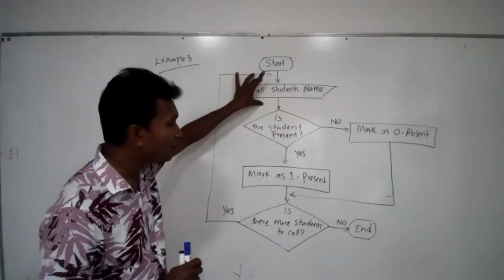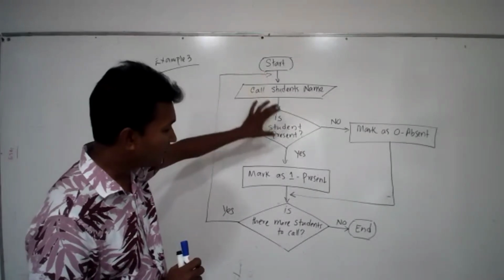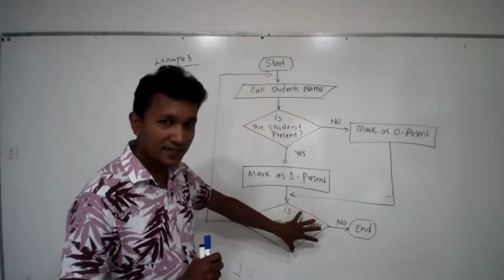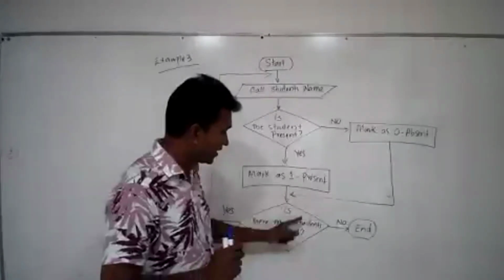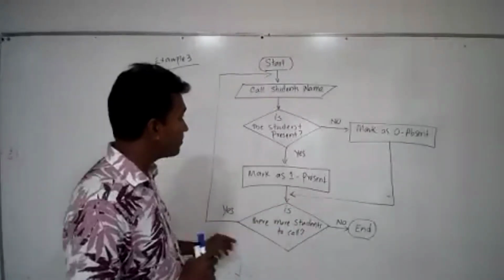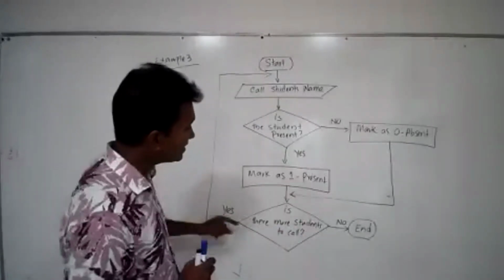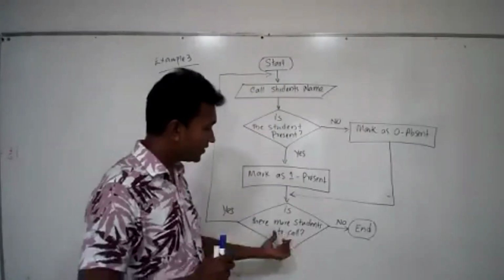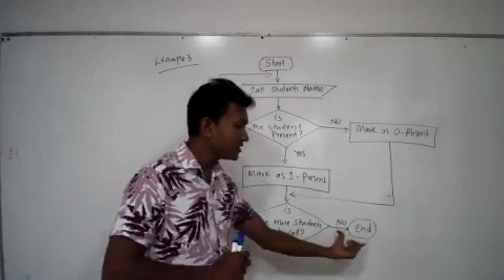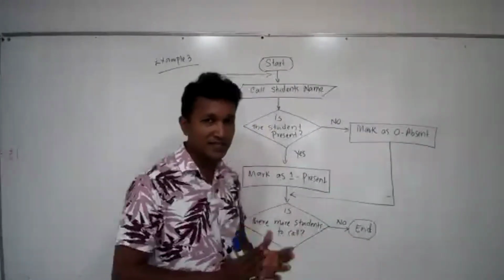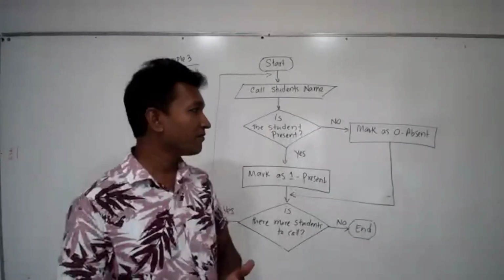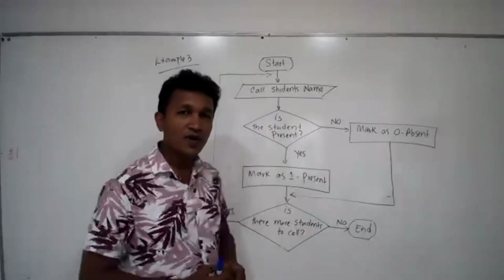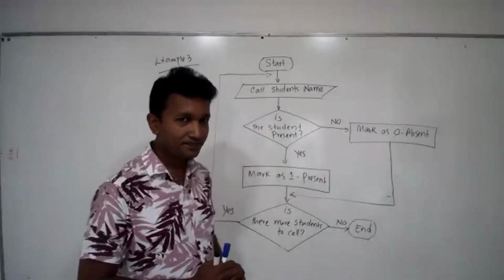So until this condition is satisfied, that means if there are more students, we have to repeat these steps again and again. If there are no more students, we have to stop the program. Simply, that is the way we represent this in a flow chart, right?